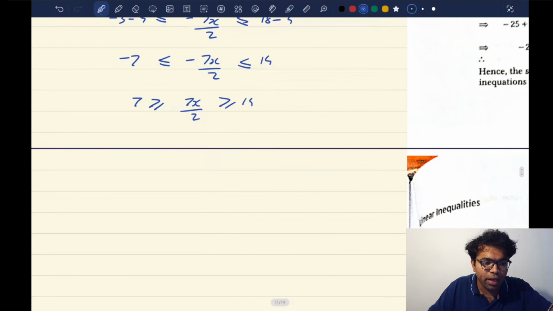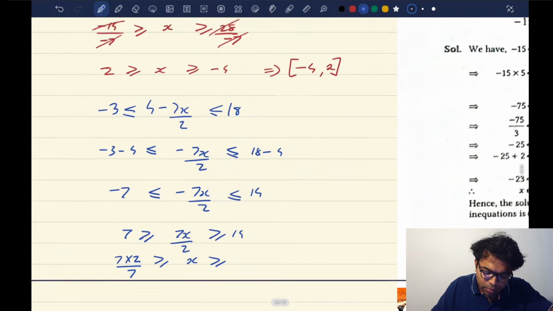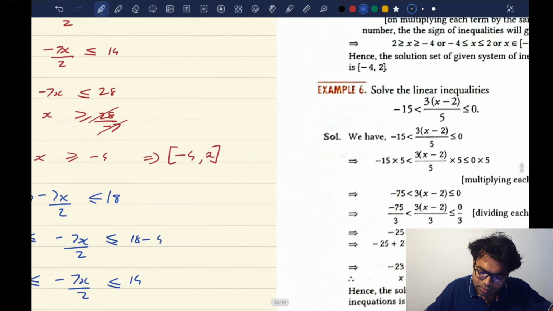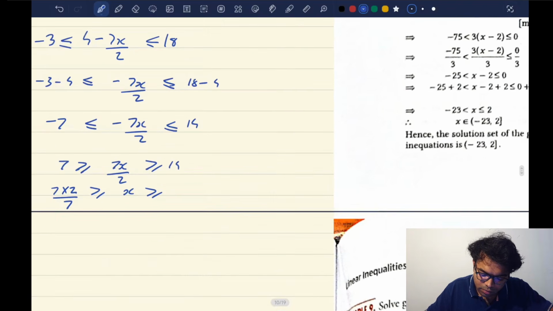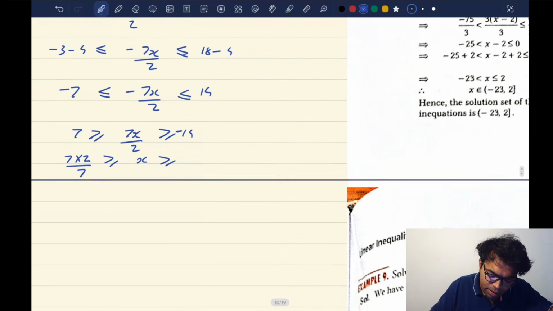Now you multiply all the sides by 2 by 7. 7 into 2 by 7 is greater than or equal to x is greater than or equal to minus 14 into 2 upon 7.